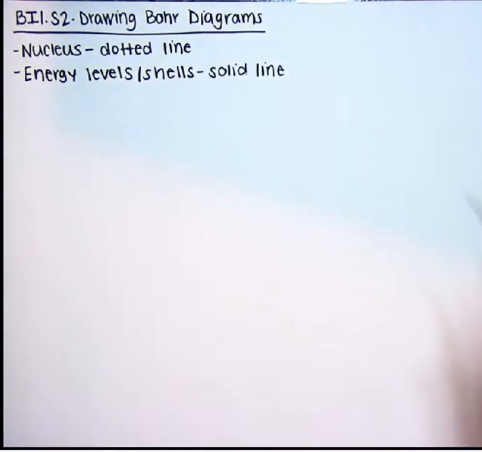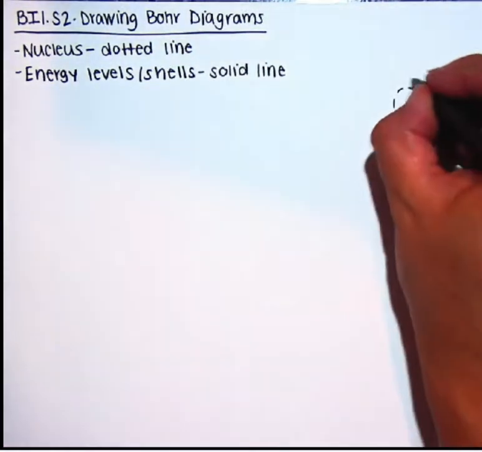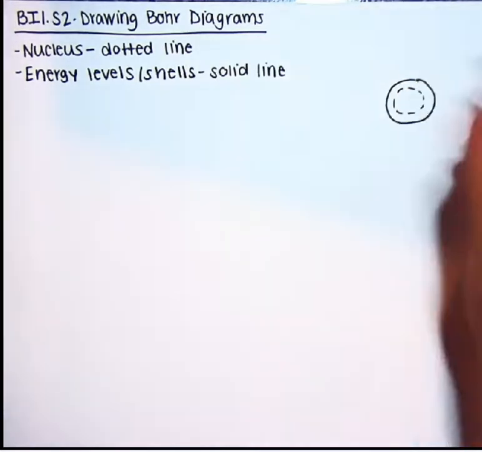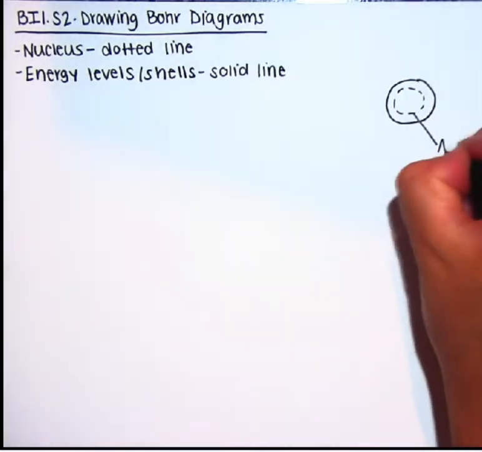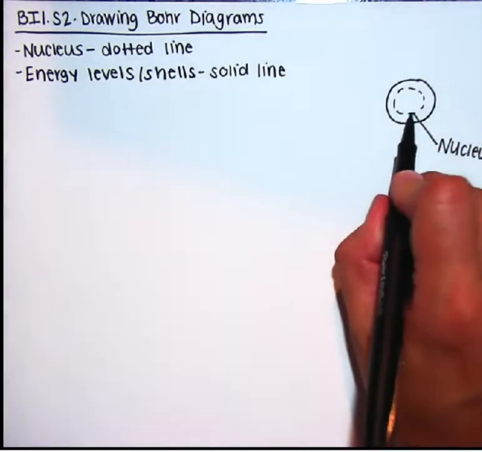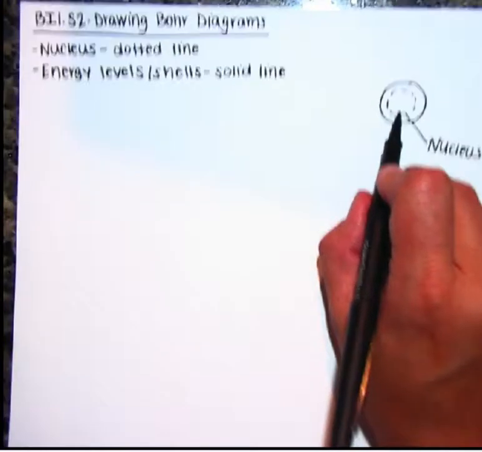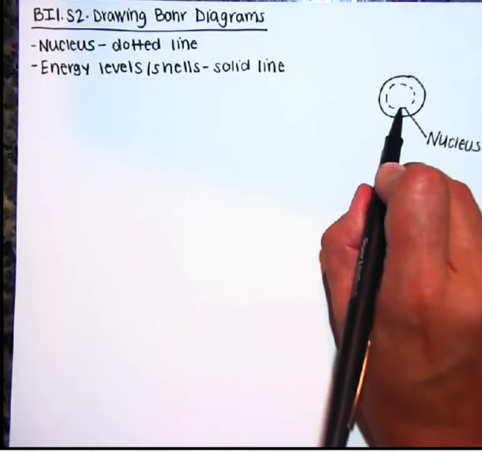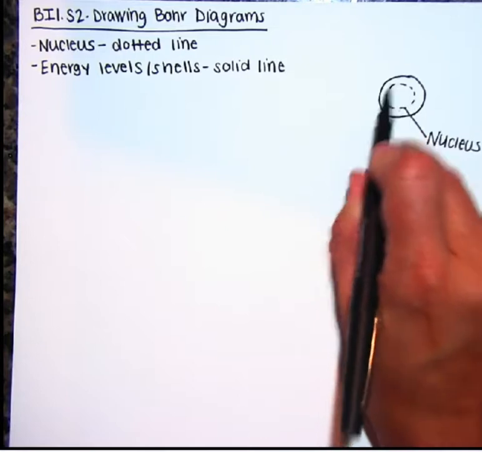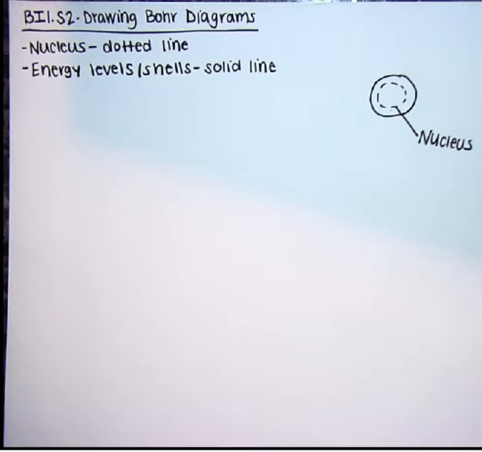The reason that I like to do that is because it's easier to see where your nucleus is. This way I know that this is the nucleus and it's not the first energy level. So that means that you should not have any electrons on your dotted line because we don't find electrons in the nucleus.